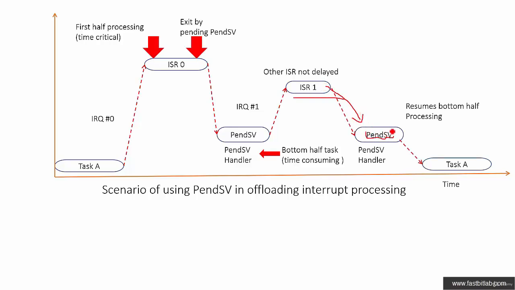When PendSV finishes, it can return to thread mode. Here you can see that the work of the ISR is stretched up to here. It allows other ISRs to run in between. That's another use case of PendSV, which is used for offloading interrupt processing.